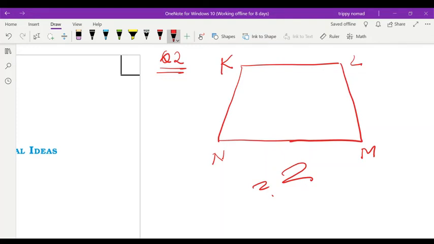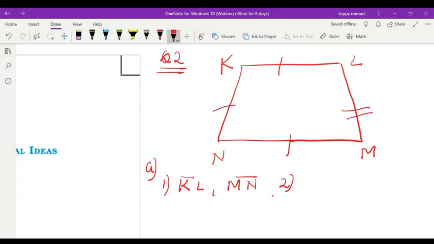Opposite pair of sides. Okay, so which two sides are there? This KL is opposite to MN. KL and MN, these two. This is the first pair. Second pair: this one, these two.